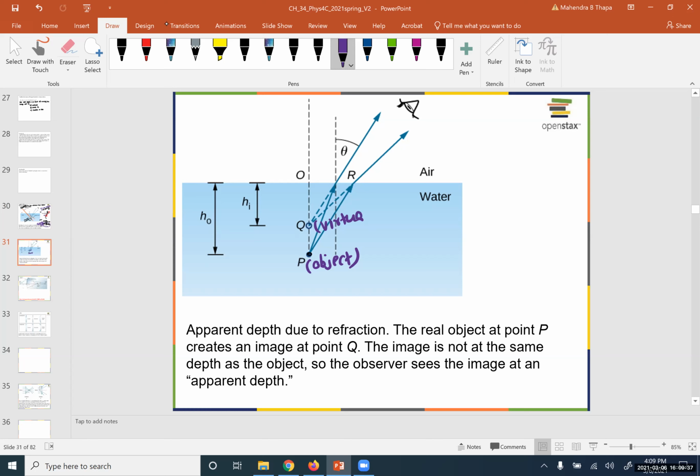If you put a coin at P, it appears at Q. If you measure the distance from O, OQ equals HI is called the image distance or the apparent depth.